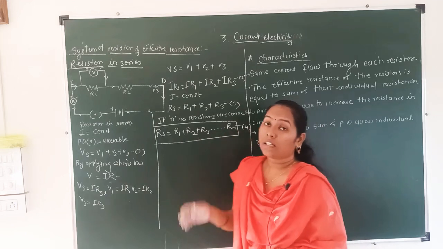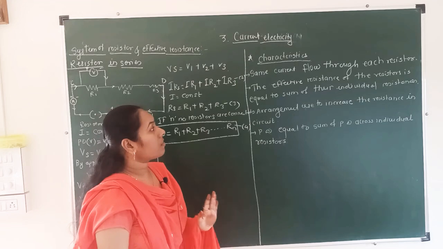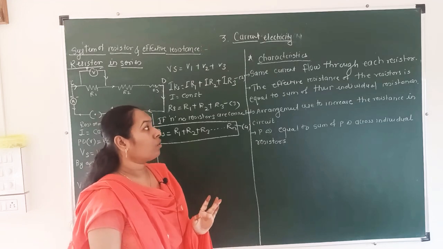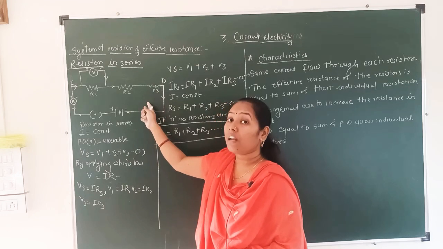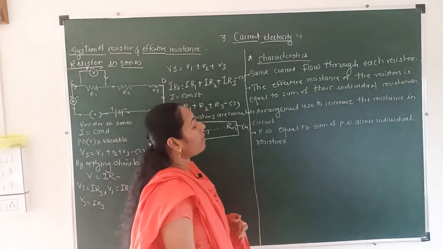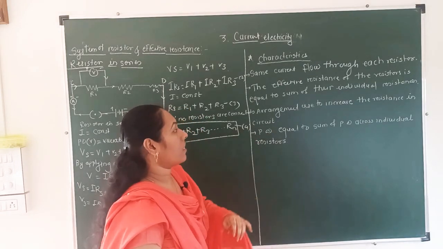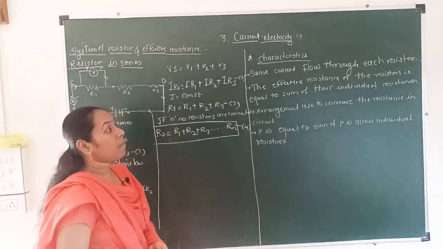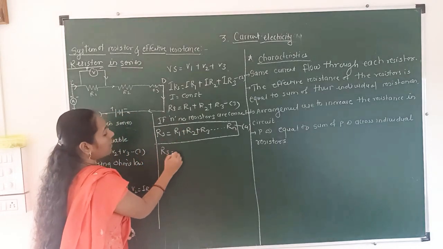Here are some characteristics of resistors in series. The first one is that the same current flows through each resistor. In each resistor, the same current will flow at a time. The next one, the effective resistance of the resistors is equal to the sum of their individual resistances. Effective resistance means Rs.